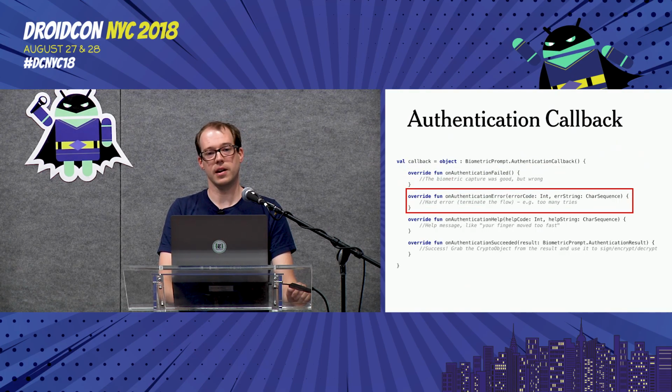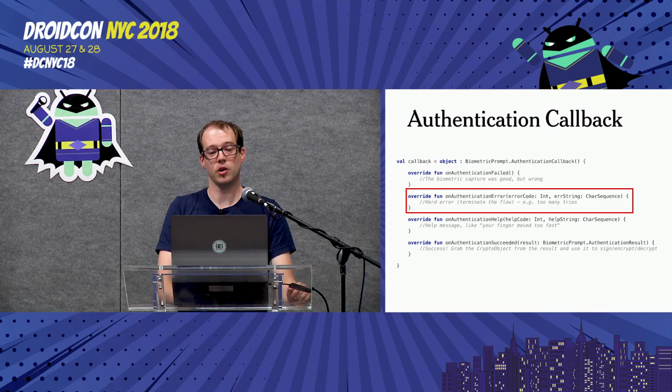If there was an error, like too many tries, or the sensor has already been locked out because you used too many tries somewhere else, and it's a hard error, you get a callback to this one here. And you get an error code and also an error message that's provided by the platform. So this way you don't have to worry about disambiguating yourself what the error message means. It's been given to you by the platform. It's been localized and all that good stuff for you.